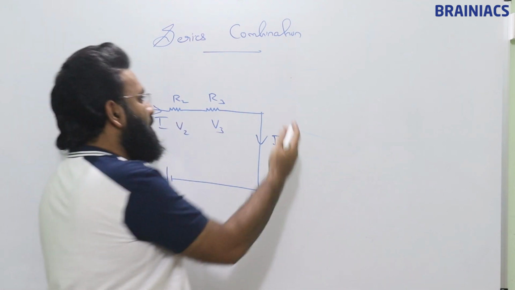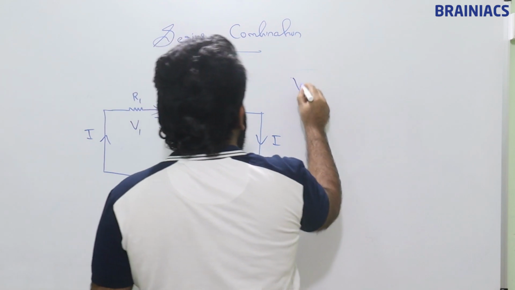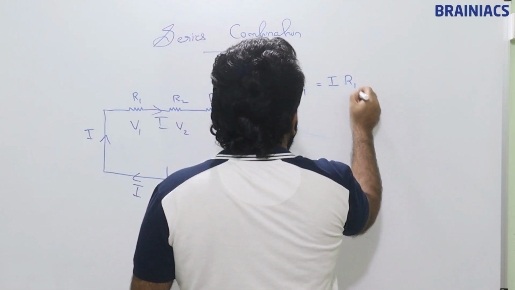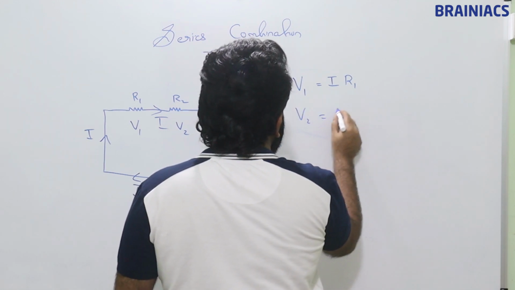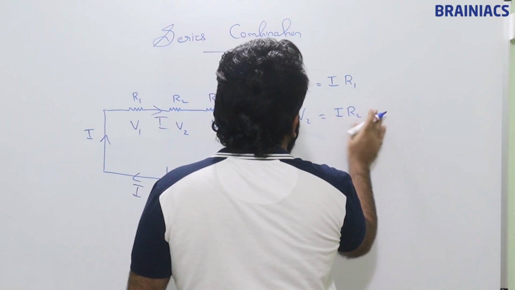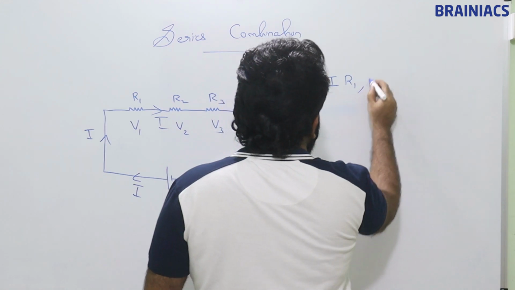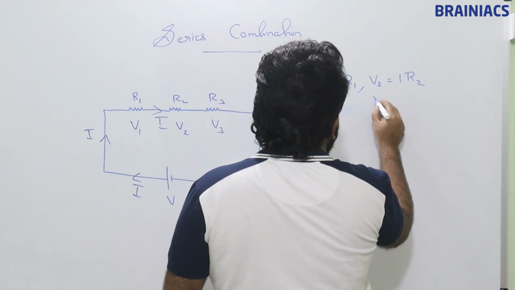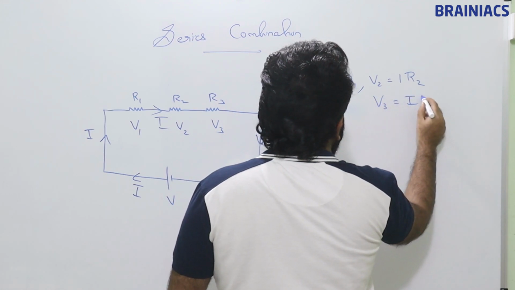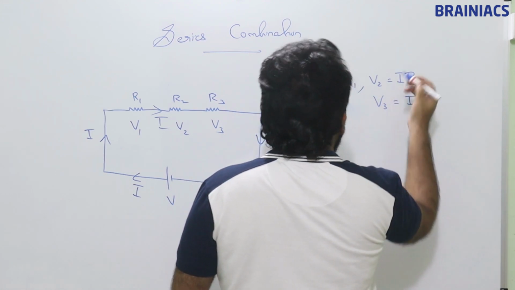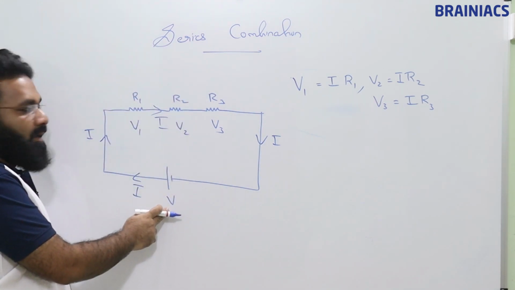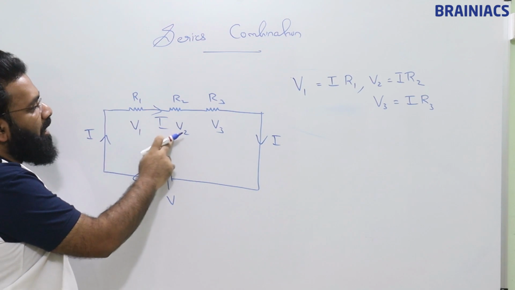So we can write V1 is equal to IR1, V2 is equal to IR2, and V3 is equal to IR3.